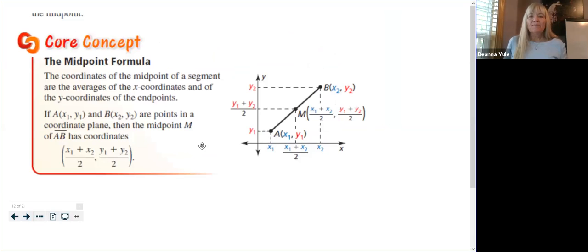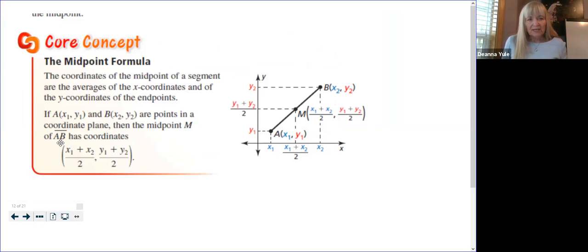So I want to look at the midpoint formula. This seems really easy, and then sometimes we get to it and it's not so easy. I had to make sure I erase my board. So if I have a line segment AB, so this means I am going from point A to point B, I can find the midpoint by finding the average of the x's and then finding the average of the y's.